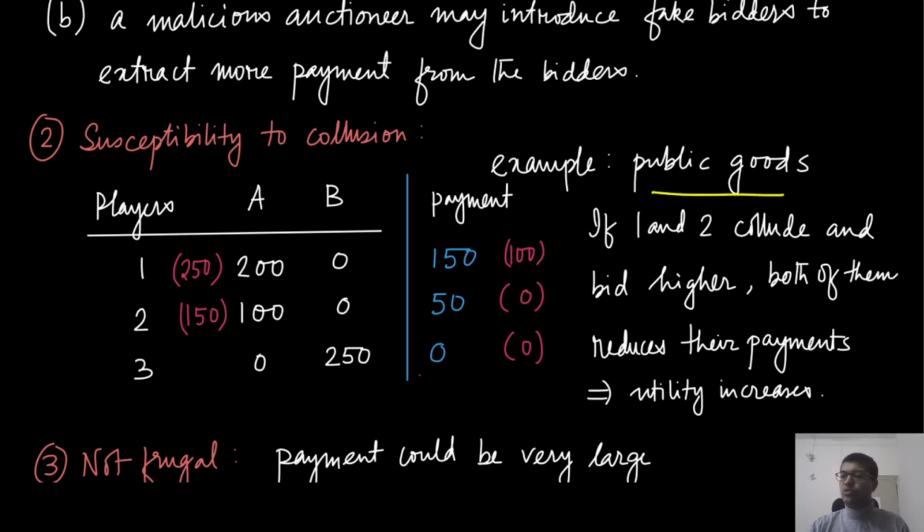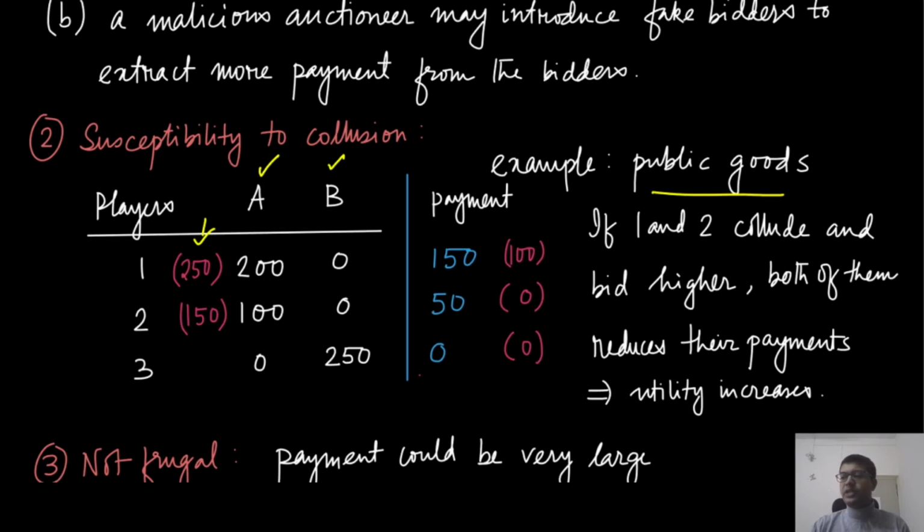There are only two possibilities: either A will be built or B will be built, or these public projects will be undertaken. Suppose there are three players, player 1, 2 and 3, who have valuations for these two public projects as shown in this table, not these red ones. We will come back to that later. Things shown in white are the real valuations for those players.